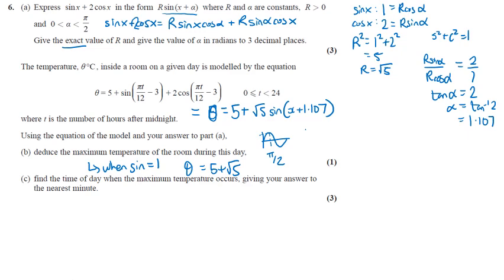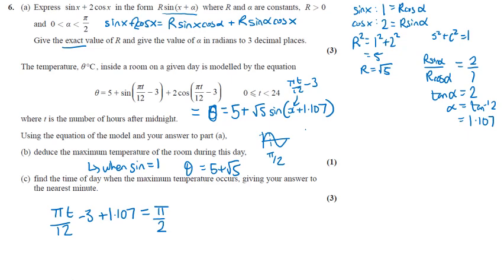So what's the argument? Well, this x in here is the pi t over 12 minus 3. So what we've got is that pi t over 12 minus 3 plus 1.107 is equal to pi over 2. Okay, for the first maximum of the day.